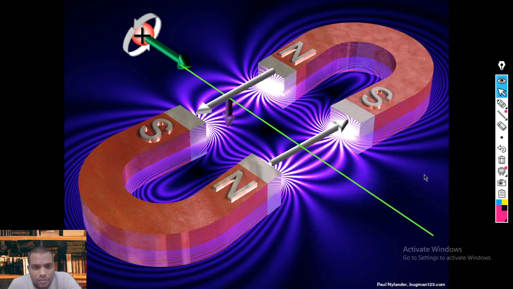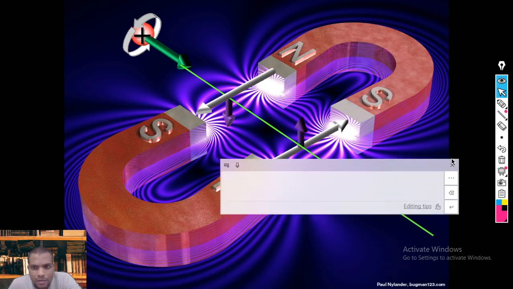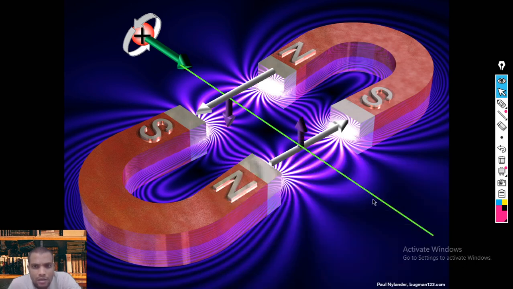Because of the presence of the charge in the magnetic field, that causes a force. Here you notice a downward force on one side and an upward force on the other side.